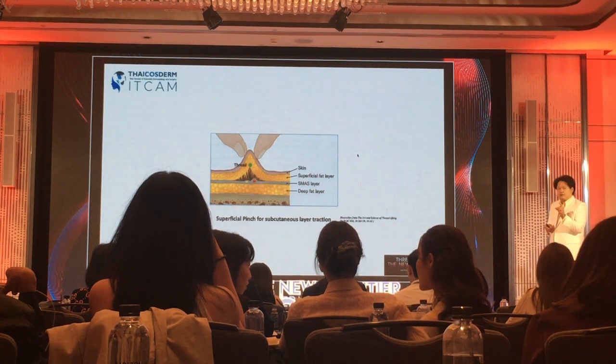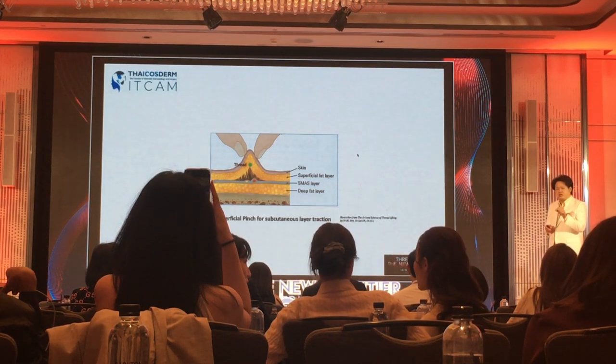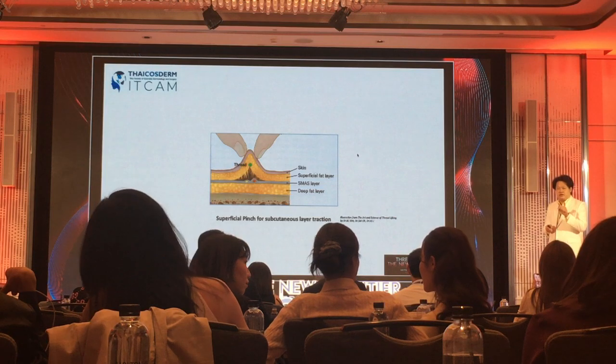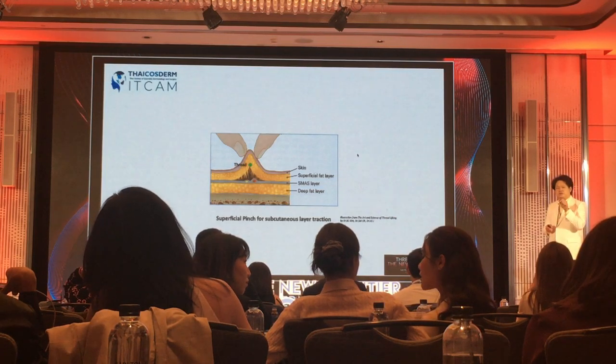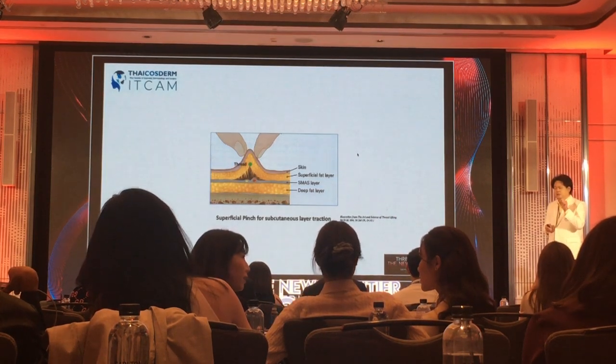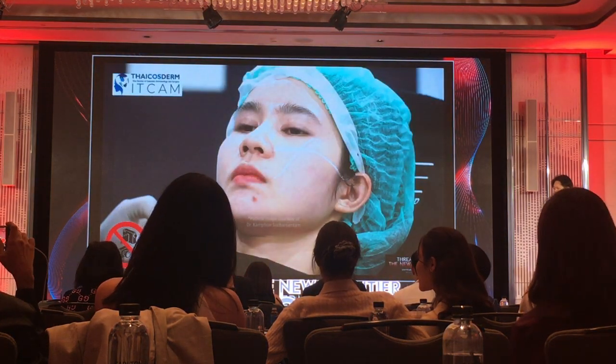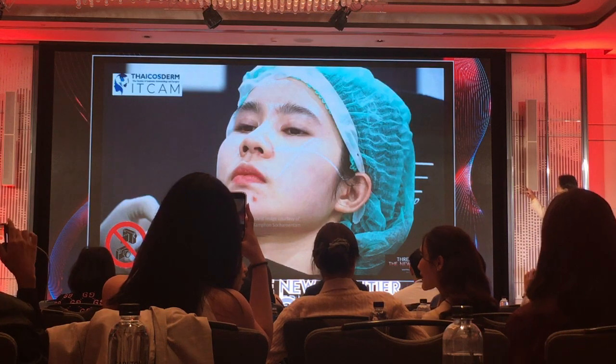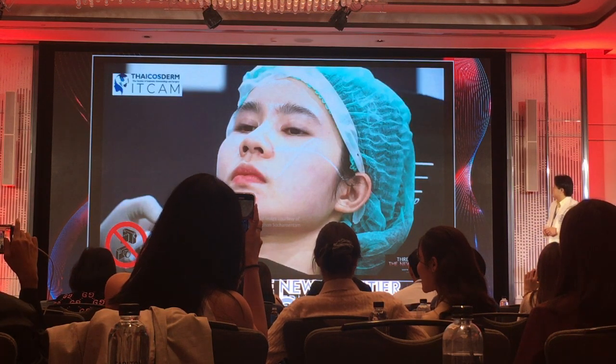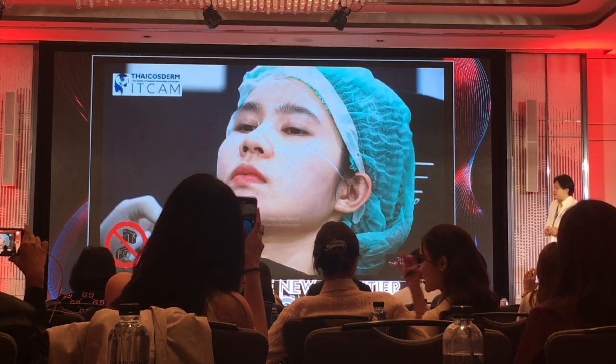And the plane that we're going to use in this technique is the subcutaneous layer. So you just pinch the skin up, but not too deep. And this is the idea of how I do it. You will see the line over here that I draw on the face. That is the apex of the cheek.